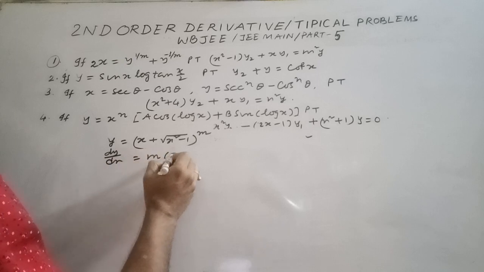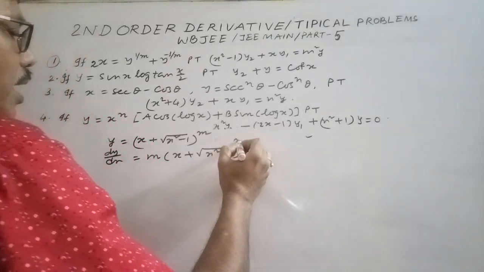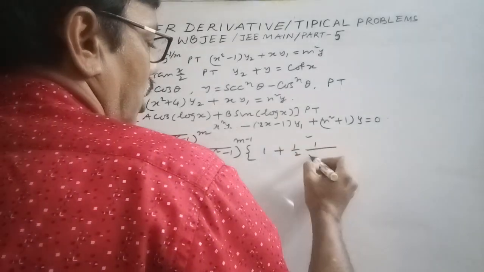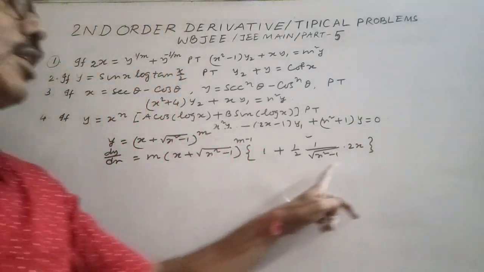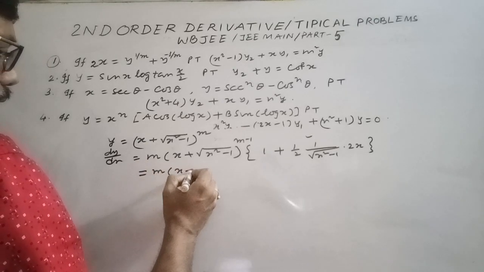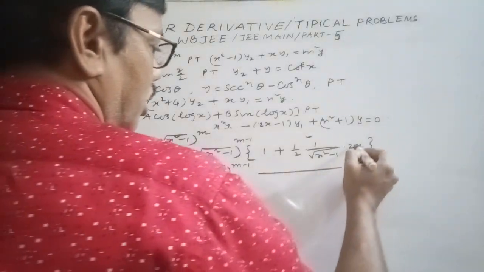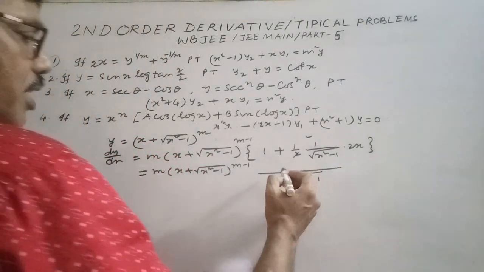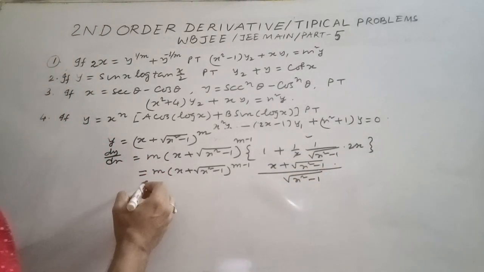So m comes forward, (x plus root x square minus 1) to the power m minus 1, into derivative of x is 1, plus half of root over x square minus 1 into 2x. Cancelling, so this is the LCM, x plus root over x square minus 1.